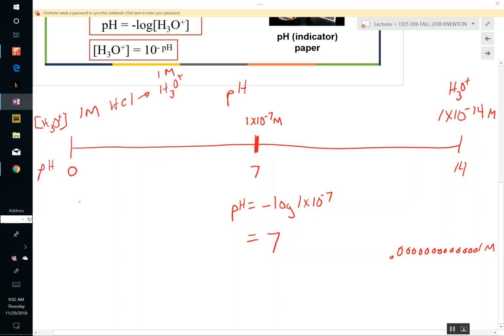So the negative log of 1 is 0. So for 1 molar HCl, you get a pH of 0. Tenth molar, I think you would have a pH of 1.